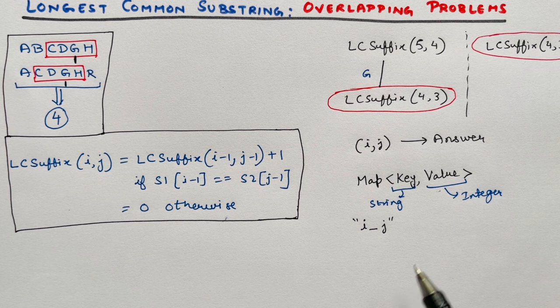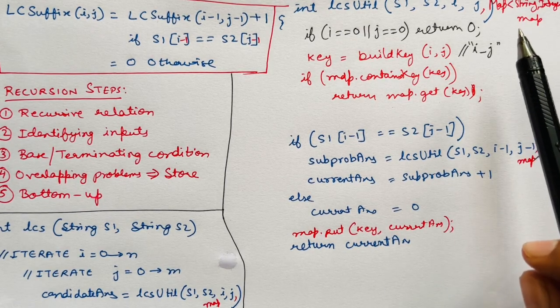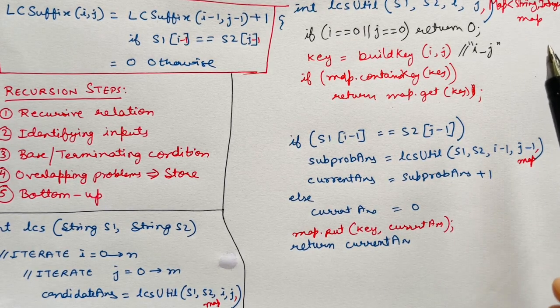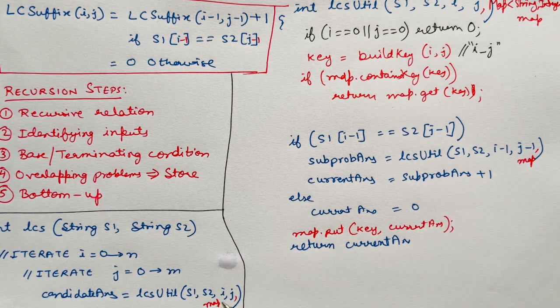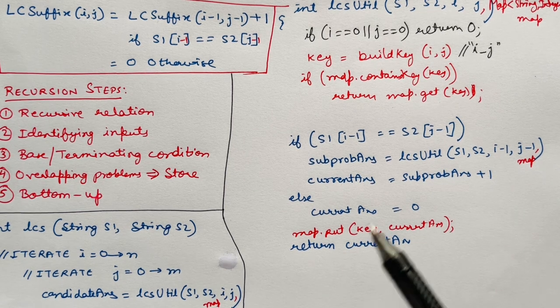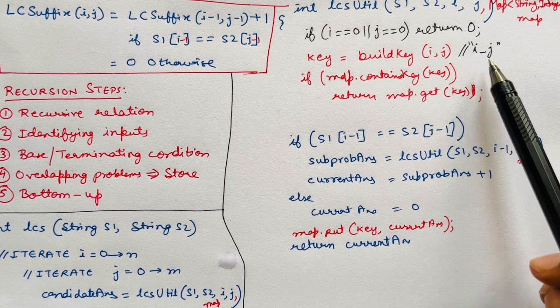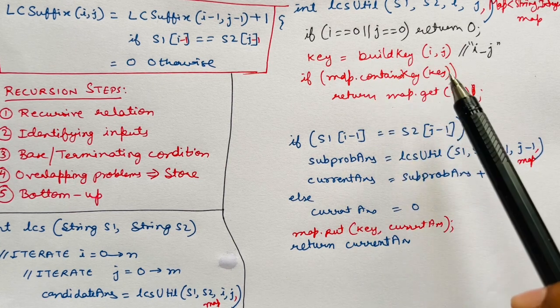Now let's see how the usage of this map changes our algorithm. We will have another parameter, a map of string and integer. So wherever we are calling this method, we will add another parameter map here and here as well. In our map, our key will be something like i underscore j, so we will have to build this key using i and j.